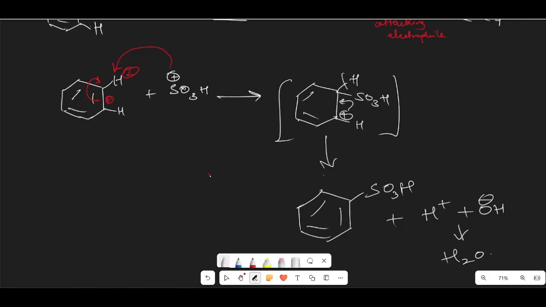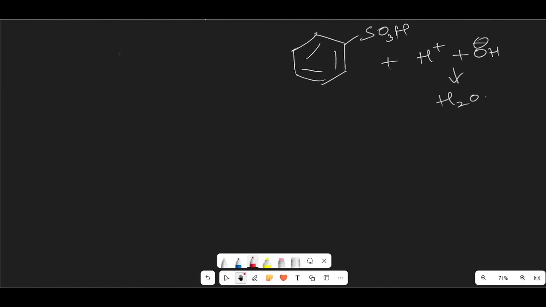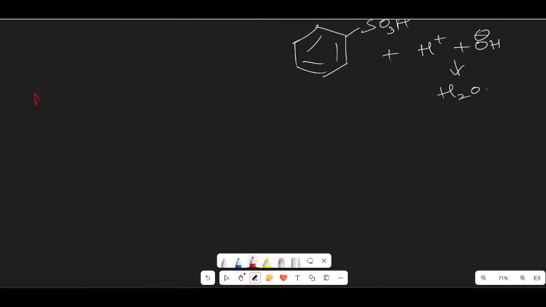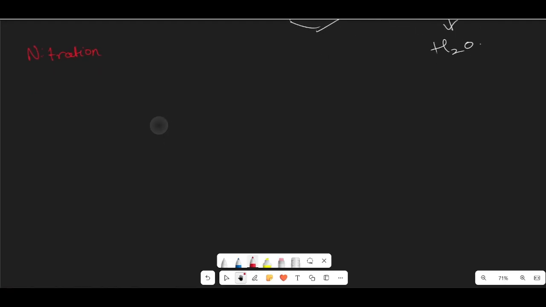And now we have nitration. The next step. Sulfonation is done. Second last reaction, nitration. Now this is where things get a little complicated.